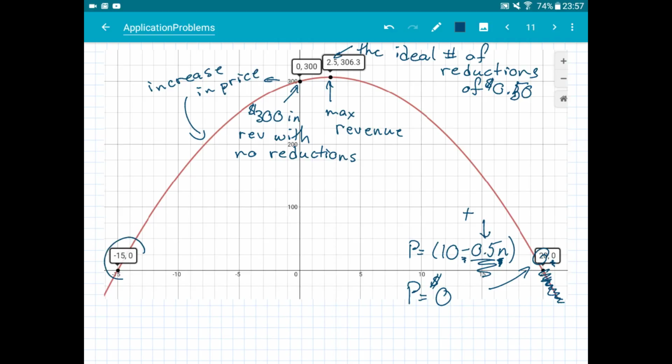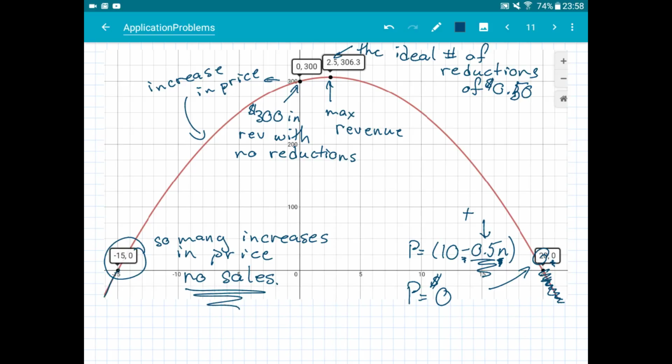Now this is where there are so many increases in price that no one's willing to buy your product. Assuming that rate stays the same, that you lose 2 sales every time you increase the price by 0.5, then after 15 increases, you're going to have no one buying your product anymore.